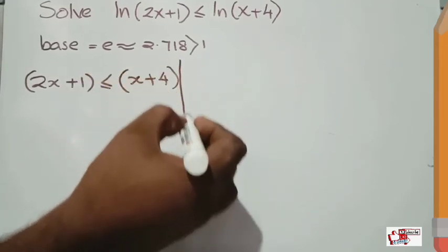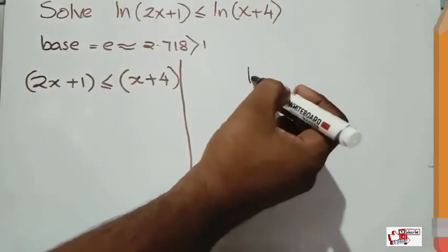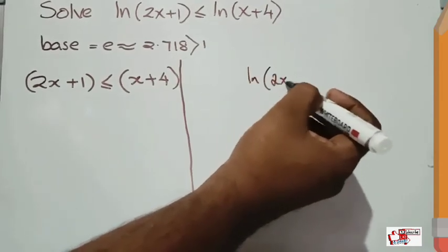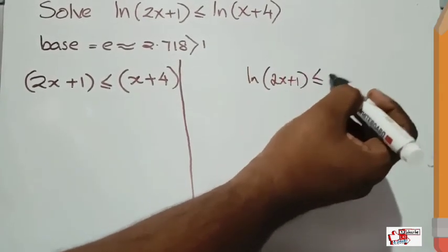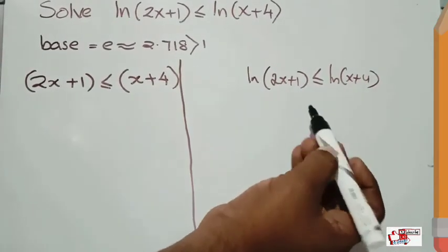Here actually we have a misconception. We normally say remove the logarithm from both sides. Actually this is not removing the logarithm, it is by applying a law. I'll show you how to do that. Log (2x + 1) less than or equal to log (x + 4).